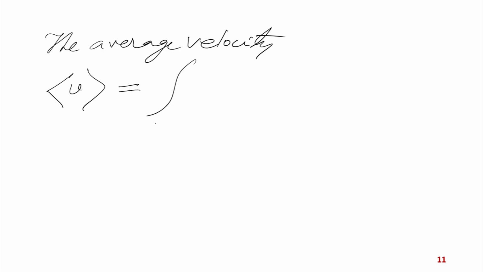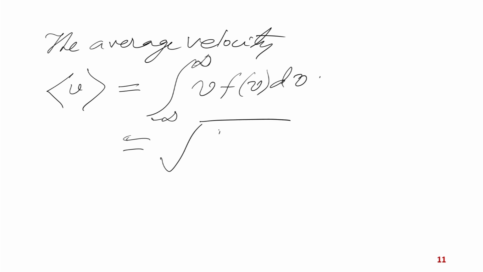It is the integral from minus infinity to plus infinity, where v is the random variable, of v f(v) dv, and this we can show is equal to the square root of 8 k_B T divided by pi m. And we can find the RMS speed.